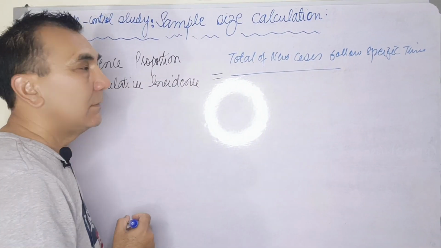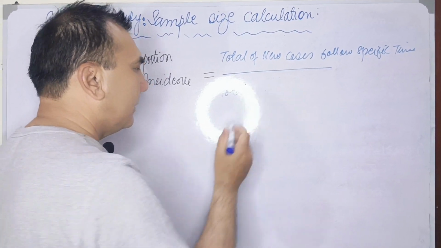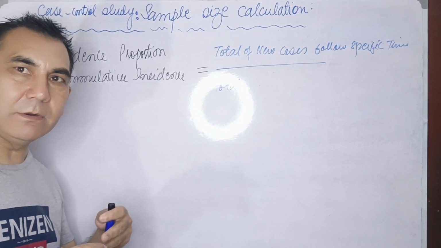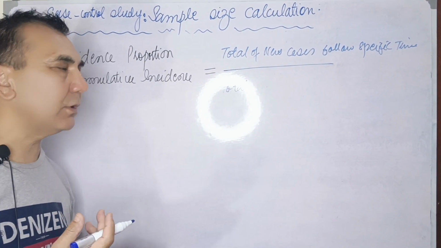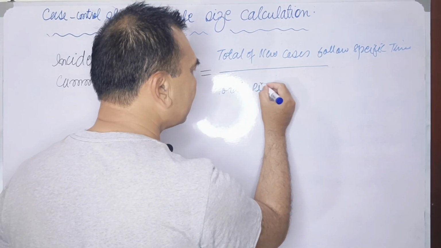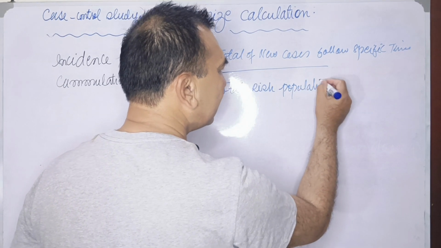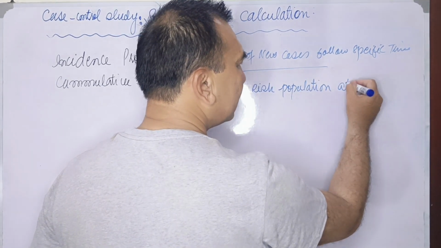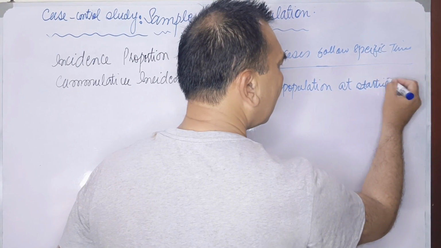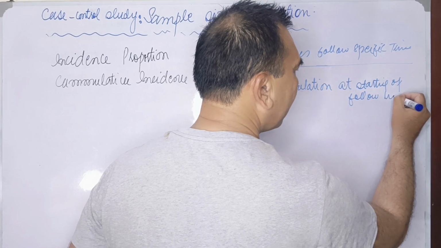But here the denominator is a little bit different. It is the total risk population, the total population who are at risk at the starting of the follow-up time.